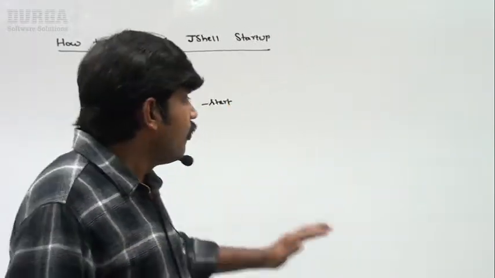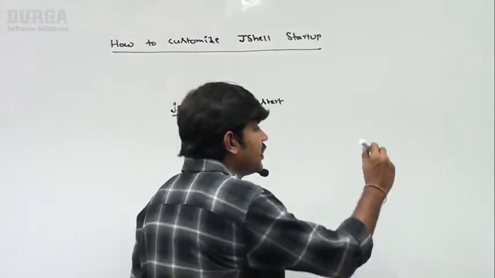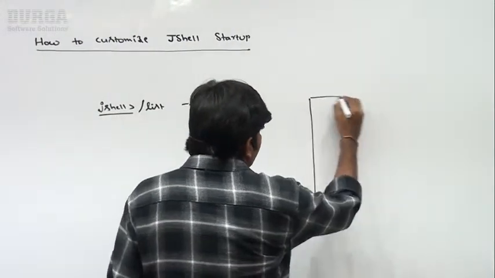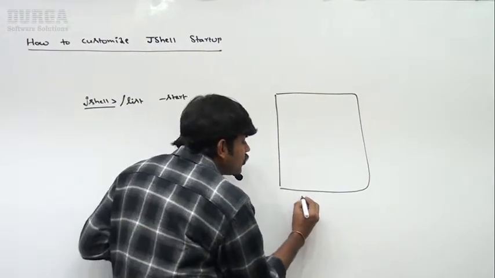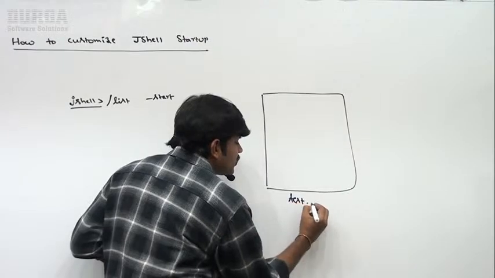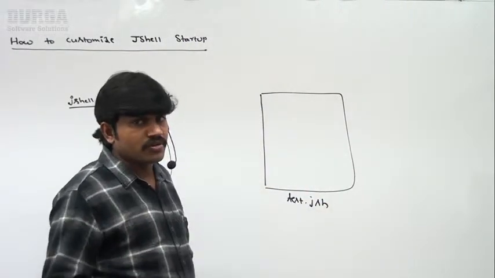Whatever snippets you want to make startup snippets, just define inside a file, any file name. Something like test.jsh, any name you can use, no problem at all.